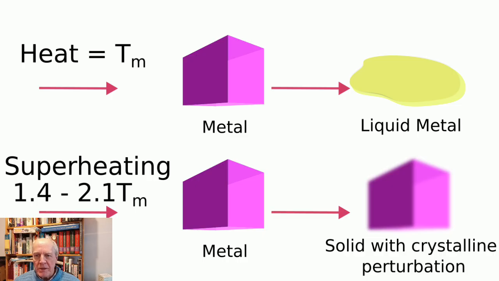Now, in this particular case, the output, as you can see, the metal has not melted and it has maintained its structural fabric. However, of course, the ions are going to oscillate within the metal, and I've attempted to show that by blurring the image slightly.